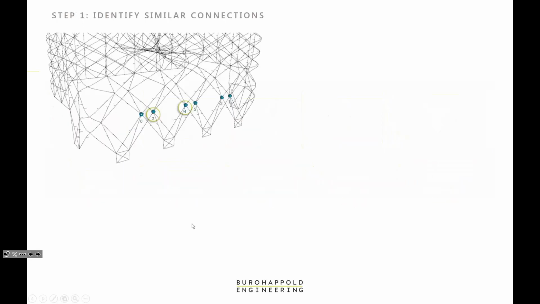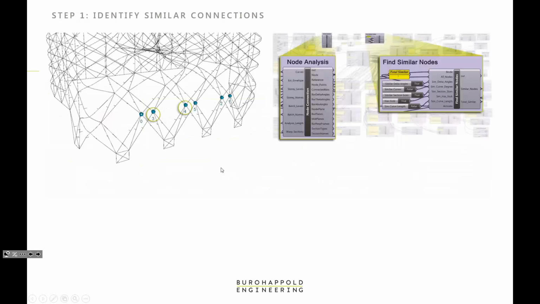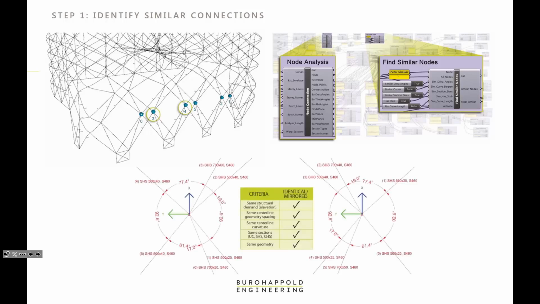So, identifying the similar connections. A script was written where we could click on one node, and because all the properties and the geometry of the members coming in could be worked out, the script could identify where else in the structure there was a similar node.